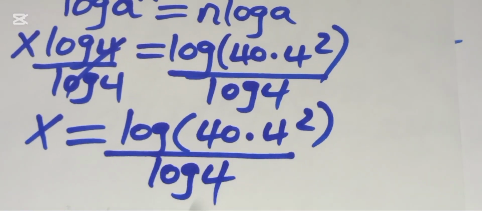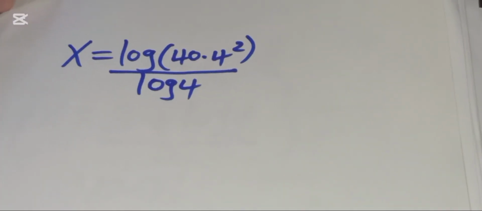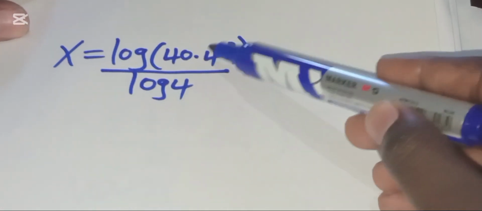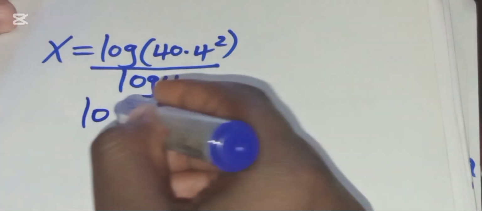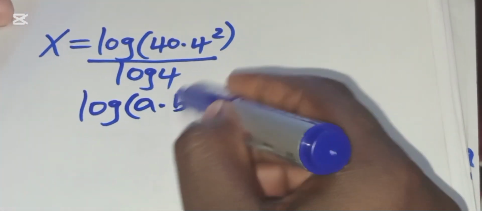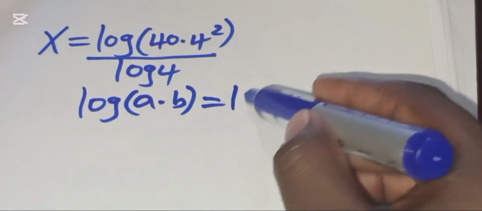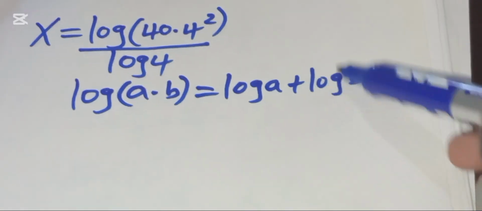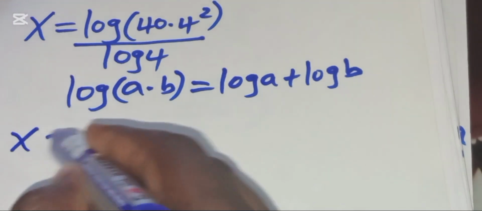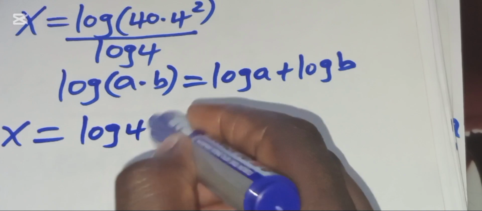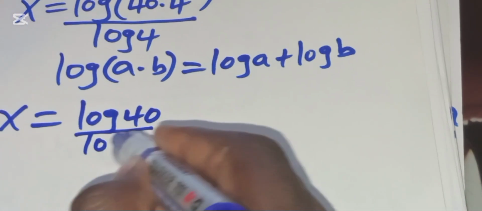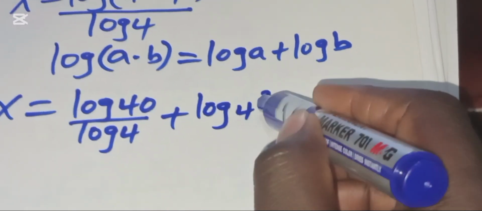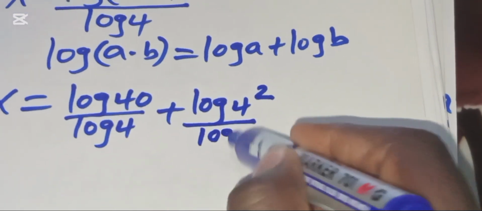As you can see, log of a multiplied by b is expressed as log a plus log b. Let's transform this so that x is equal to log 40 divided by log 4, plus log 4 to the power 2 divided by log 4.